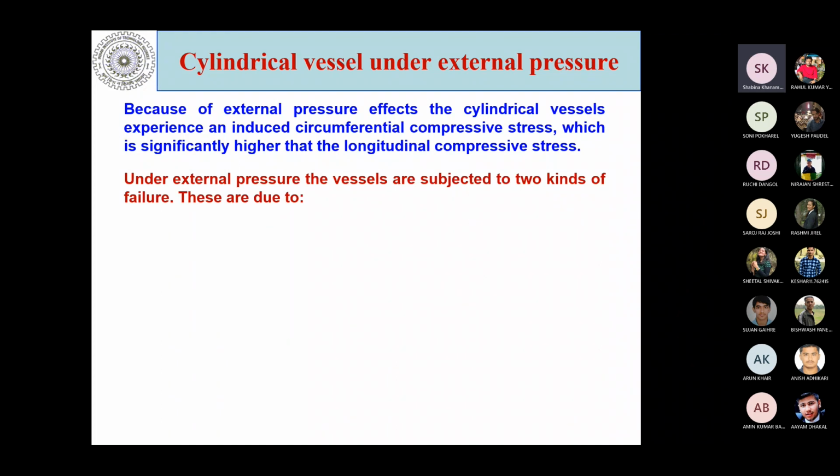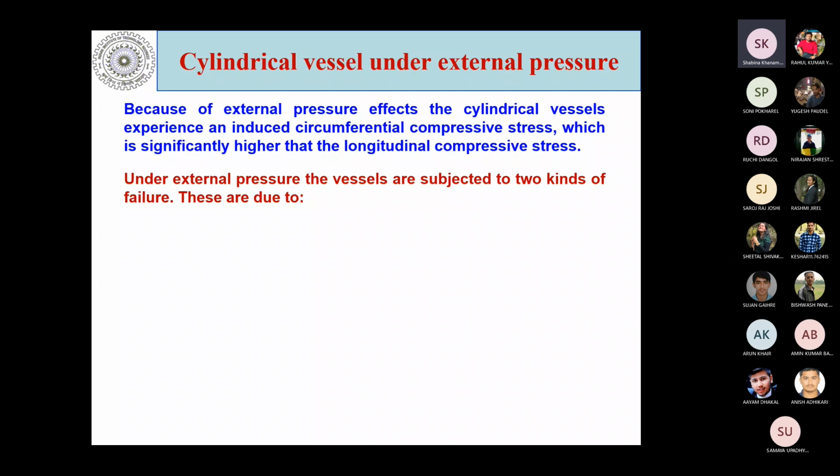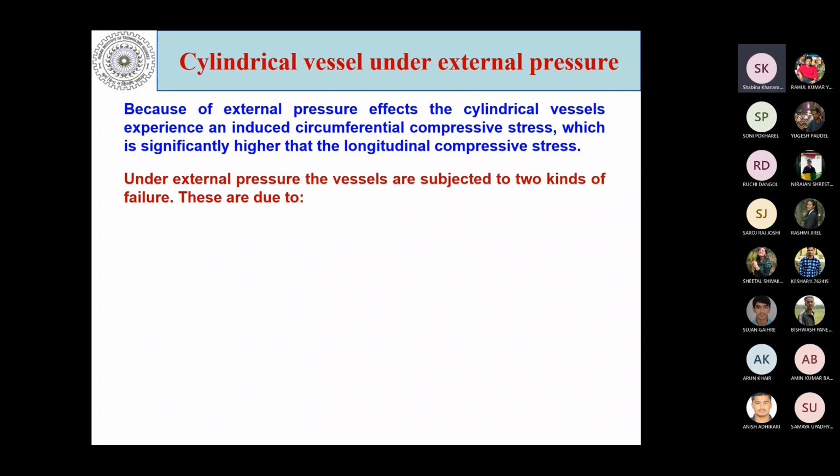So when we consider external pressure vessel design, we basically start with the condition at which failure may occur, so that we can design to avoid that failure and operation will remain safer under operating conditions. I hope you are getting my point.